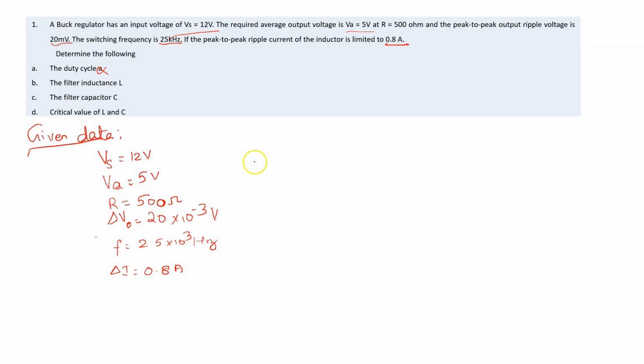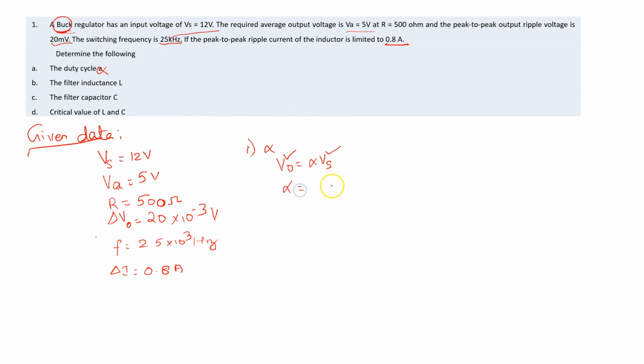So what we have to find out? First we'll find out alpha. What is the formula we know? It is a buck regulator. So for a buck regulator, with respect to the duty cycle, V naught equal to alpha Vs. Right. V naught, the average output voltage, is already mentioned, and Vs is also given.